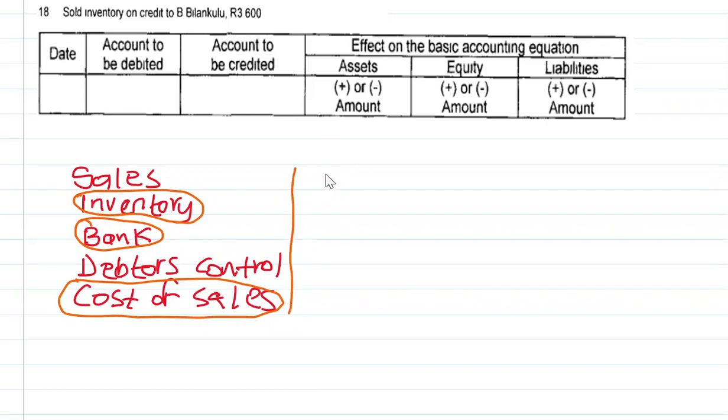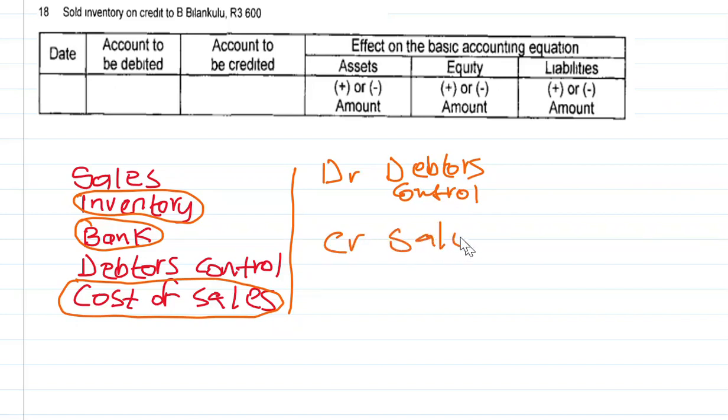So here we're gonna say debit debtors control and credit sales. The amount will be 3,600. So this is the amount only.